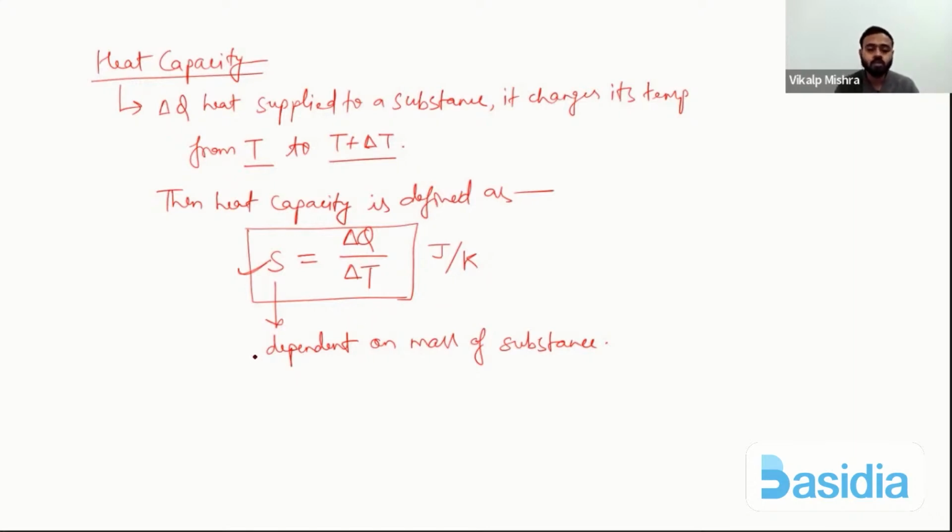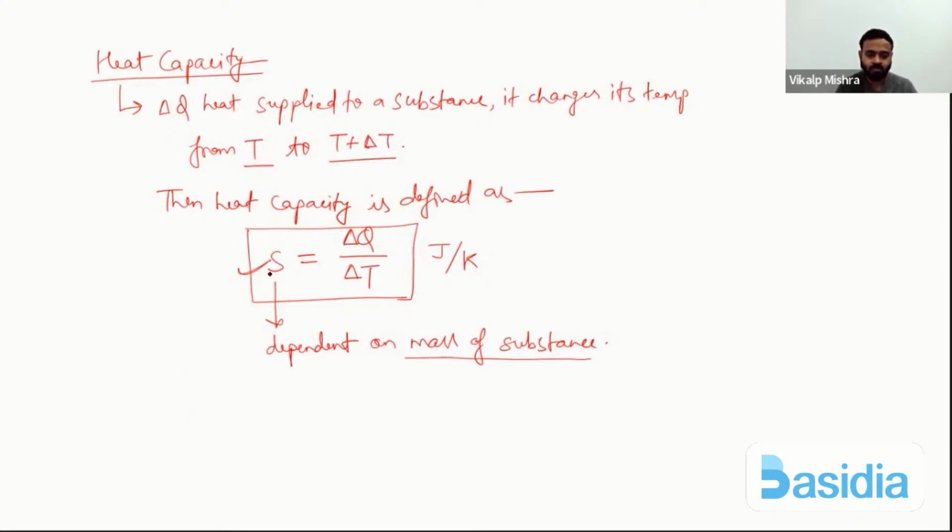So this heat capacity is dependent on mass of the substance, but we want a quantity which is independent of mass, or independent of amount of substance, which will be same for any mass. Then we just divide by mass.